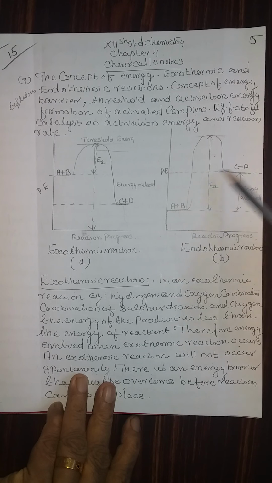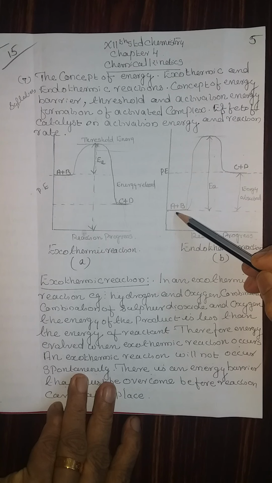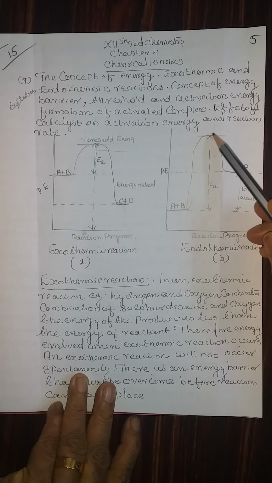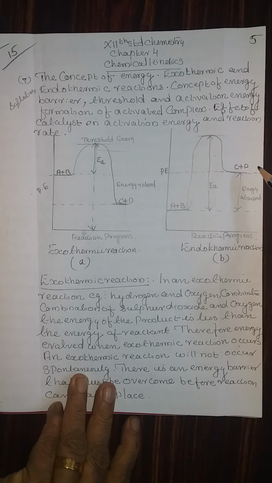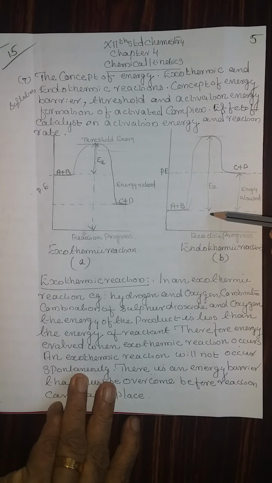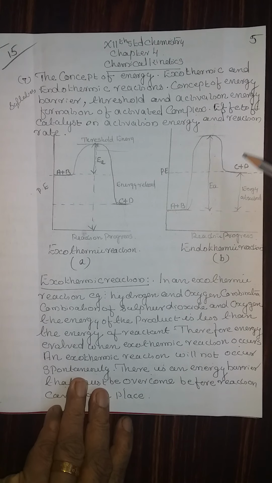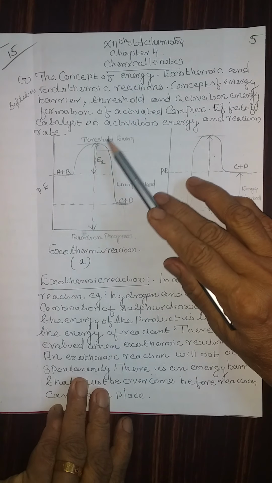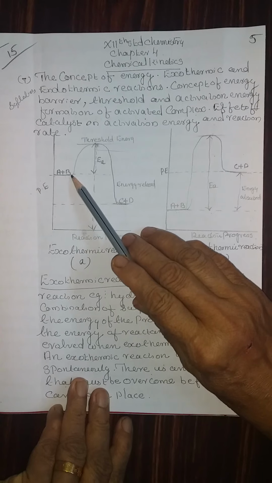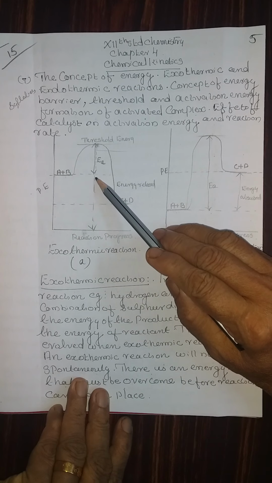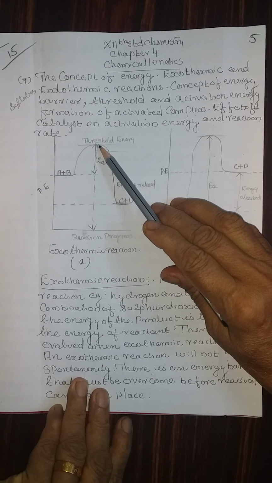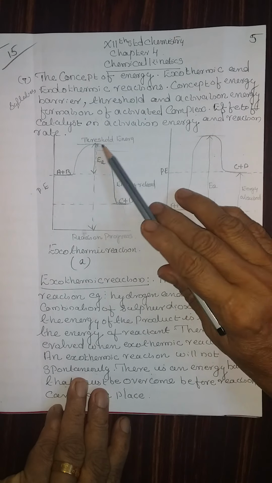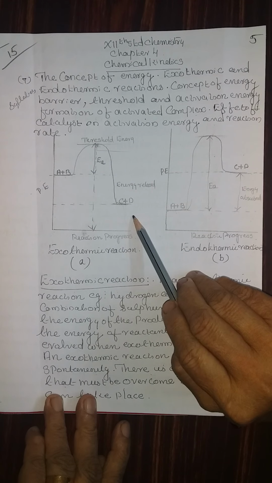This much energy is absorbed by the reactant, then only it can be converted into the product. And the energy from here to this threshold energy is called energy of activation. The threshold energy is actually the energy of the reactant plus the amount of energy required to cross the limit or to convert into the product.